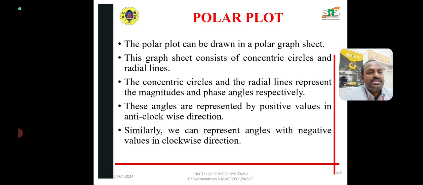It is drawn in the polar graph sheet. It consists of concentric circles and radial lines. Concentric circles represent the magnitude, and radial lines represent the phase angle. These angles are represented by positive values in the anti-clockwise direction.